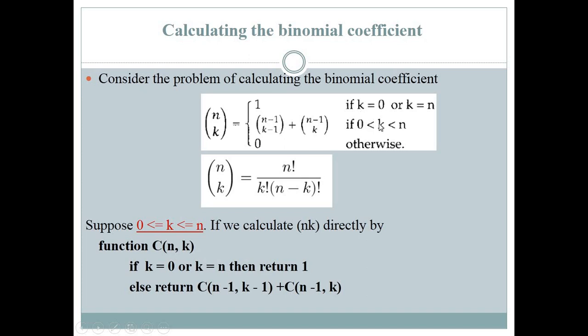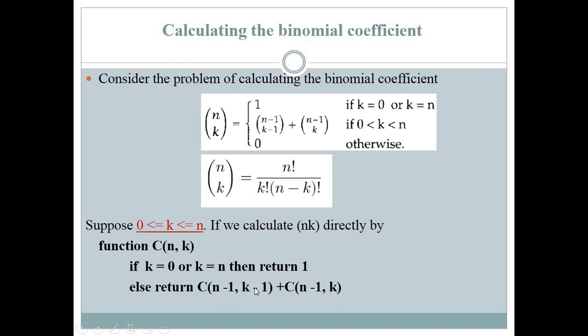If our k's value is greater than 0 but less than n, then we have to calculate C of n minus 1, k minus 1 plus C of n minus 1, k. We will write that like this: C n minus 1 k minus 1 plus C n minus 1 k.